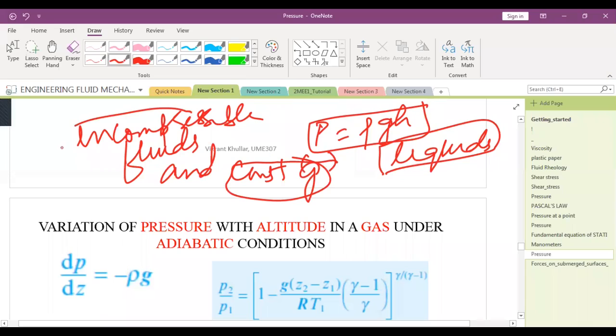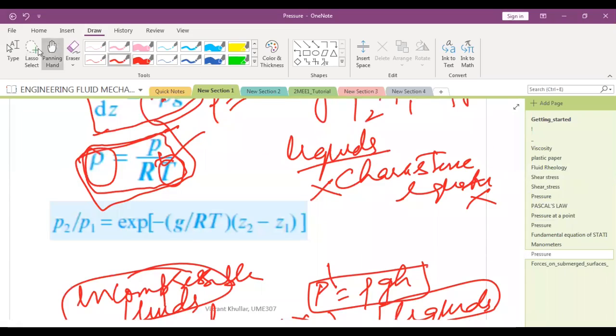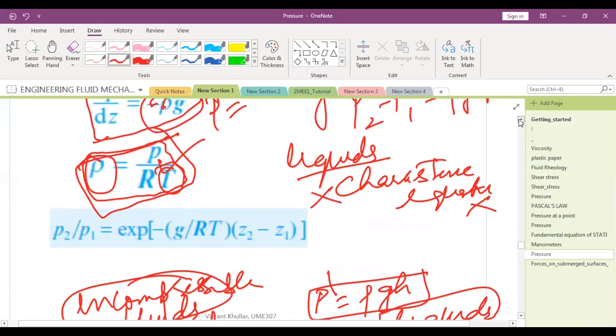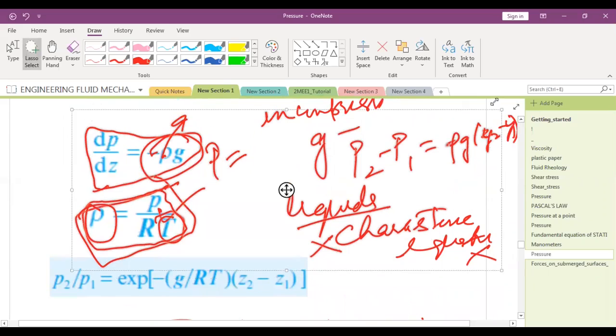When these two conditions are fulfilled, we get this pressure value. Otherwise, there will be different expressions, and I will not discuss those expressions here. I will quickly go through only by showing this equation. You can do this back home and find out what the corresponding expressions are in these cases.